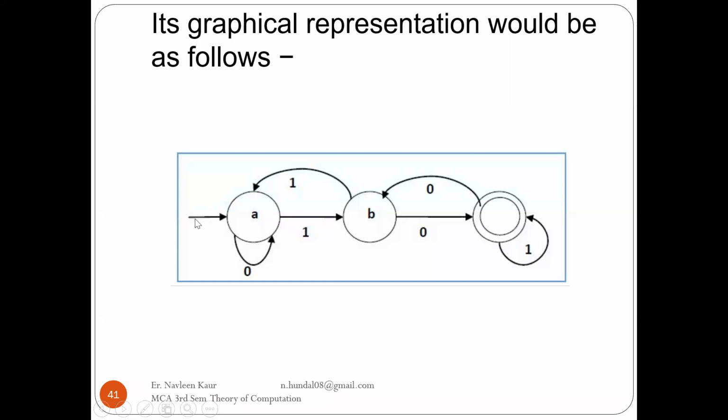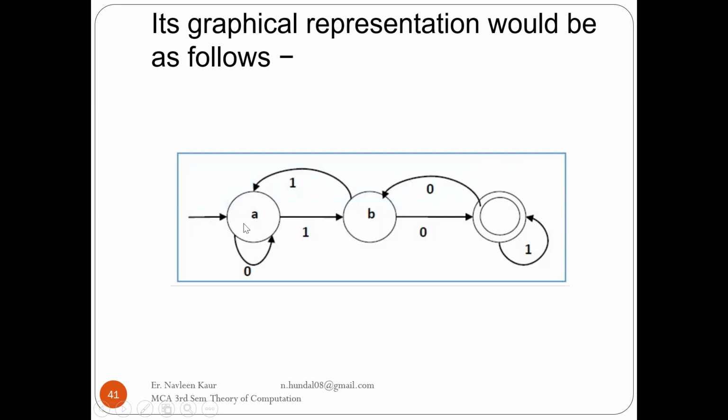When you see an arrow coming towards the state from nowhere, this is your starting state. And when you see 2 circles around any state, this is your final state. So this C is your final state.